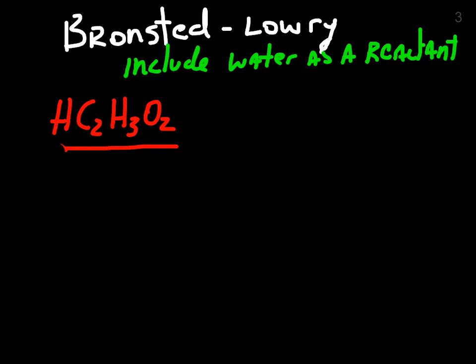All right, so I'm going to take this acetic acid, and I'm going to react it with water. So H2O is always in a Bronsted-Lowry acid-base reaction. The other thing about Bronsted-Lowry acid-base reactions is these are always in equilibrium. So there's always a double arrow going back and forth.